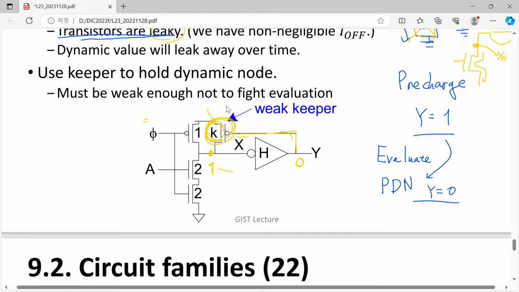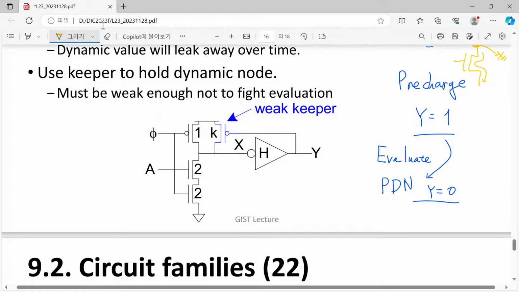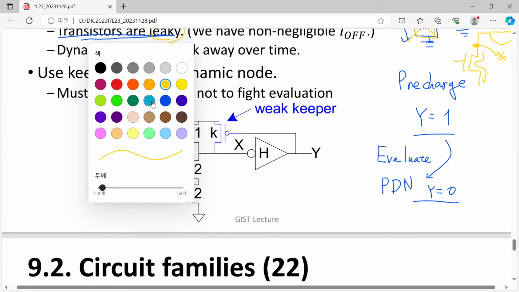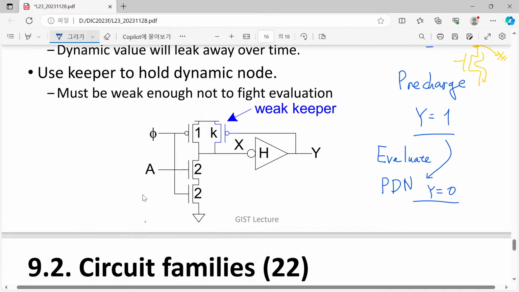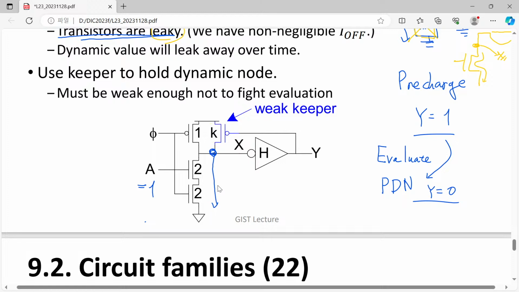Then you may say that, oh, it sounds a little bit strange. In this evaluation phase, for example, if we have just discharging, say that 1, then this node voltage should immediately go to 0.